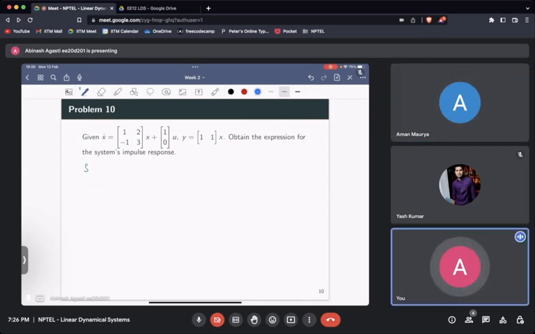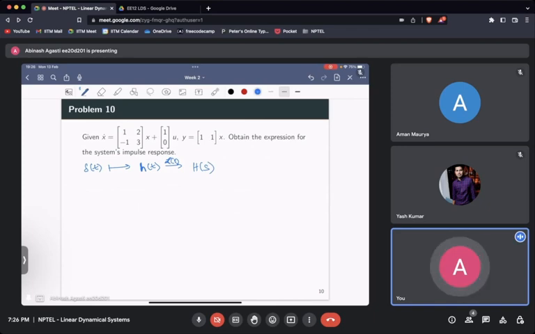Yeah, that's true. Delta of t you apply to the system, it will give me the impulse response h of t. But there is another relation with the impulse response. If you take the Laplace transform of this, then H of s is the transfer function of the system.